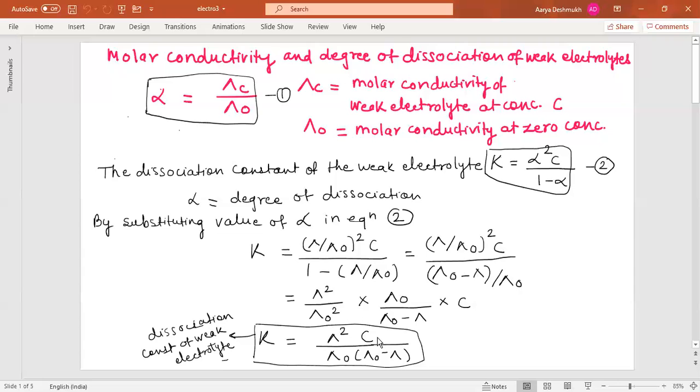So lambda square into C divided by lambda 0 into lambda 0 minus lambda. So you got this equation: K, the dissociation constant of the weak electrolyte, equals lambda square into C divided by lambda 0 into lambda 0 minus lambda. This equation can be used to solve problems based on it.